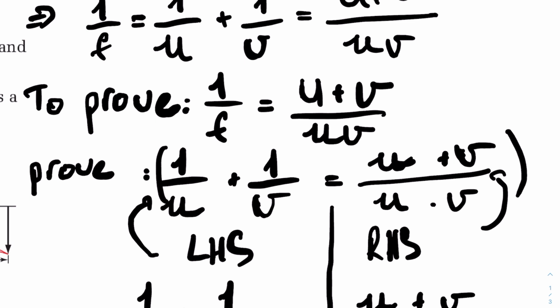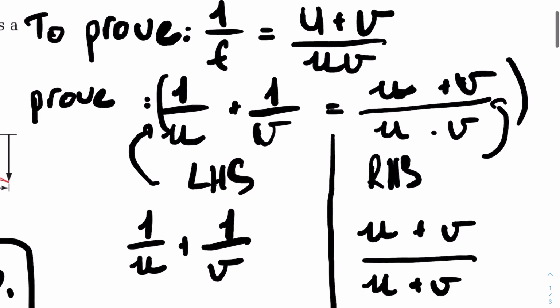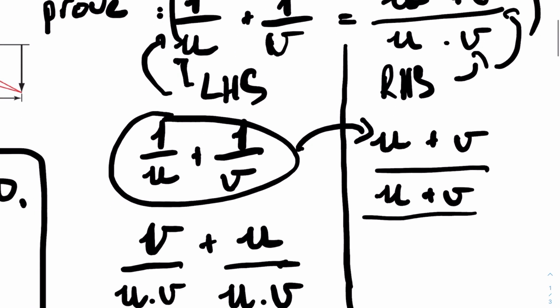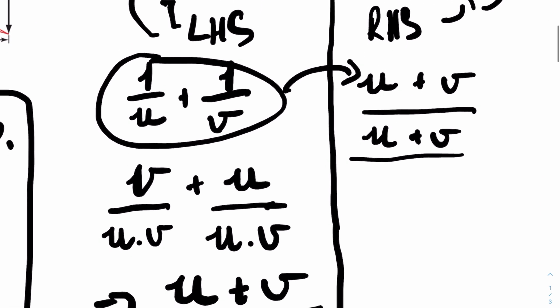So we separate each side as left hand side and right hand side. We keep the right hand side the same because we want to prove the left side equals the right side. Okay, cool. Let's begin.